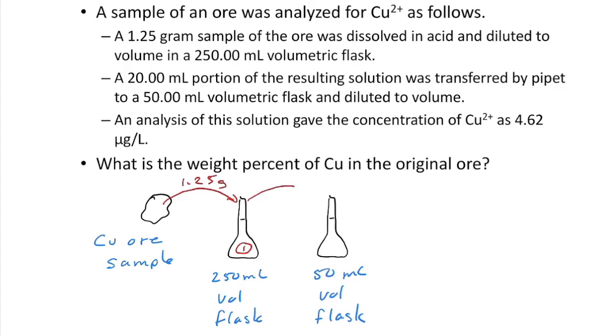And then from this flask, 20 milliliters of that was put into a 50 milliliter volume. We'll call that flask 2. And from analysis, we know that the concentration of this is 4.62 micrograms per liter. And what we're trying to find out is the percent by weight of copper in the original ore sample. So we're going to be working backwards from flask 2, figure out what's in flask 1, and use that information to figure out what is in the ore sample.